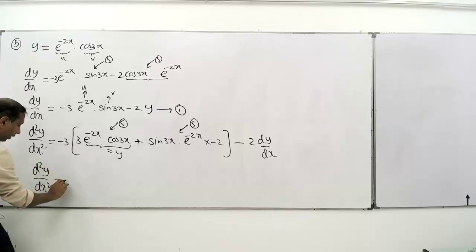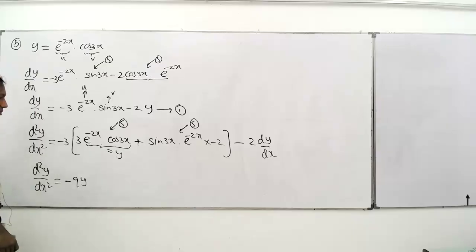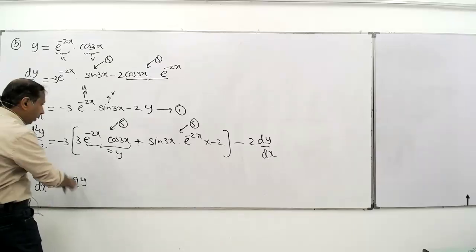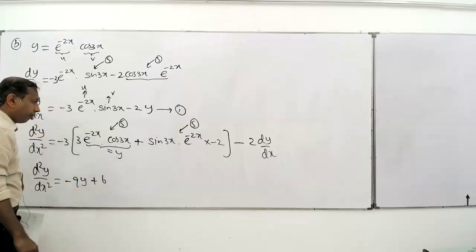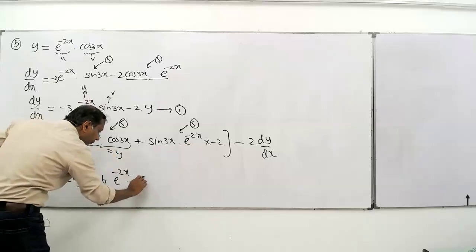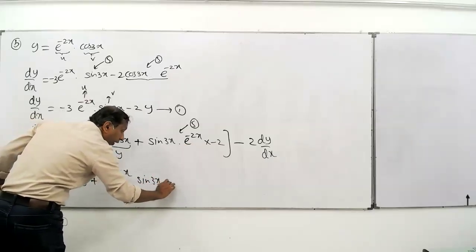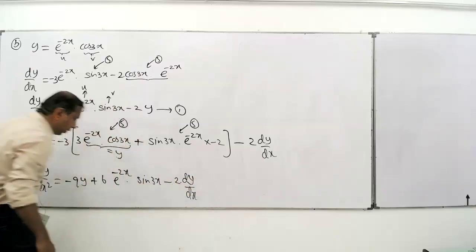Multiply by minus 3, that gives minus 9y. Here minus 3 times minus 2 gives plus 6 e to the power minus 2x sin 3x, and minus 2 dy over dx.